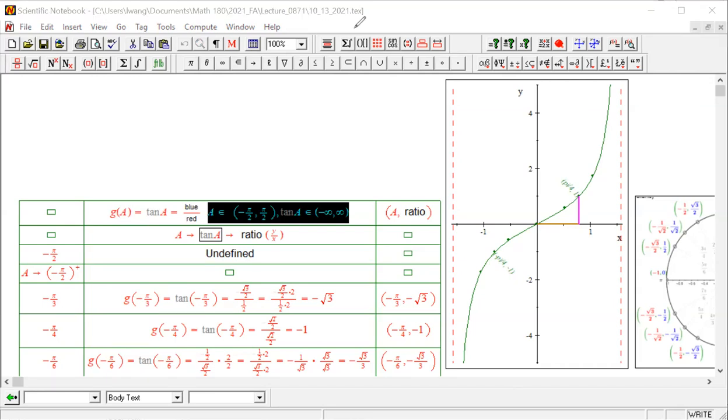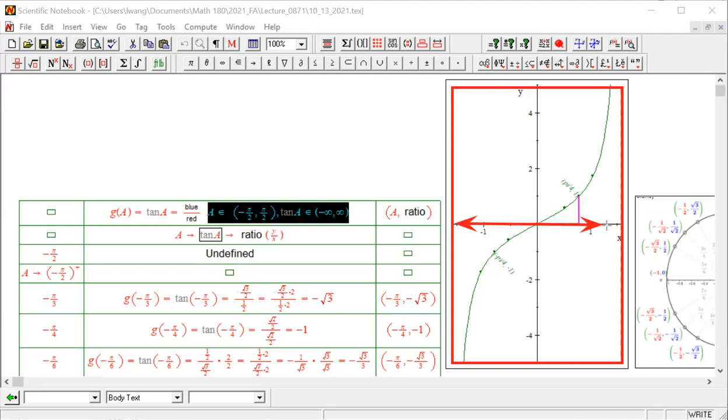So how do you see domain and range? Once again, if you make a box about the curve in consideration, you will see the horizontal span is the domain, how wide it is, from negative pi over 2 to positive pi over 2.